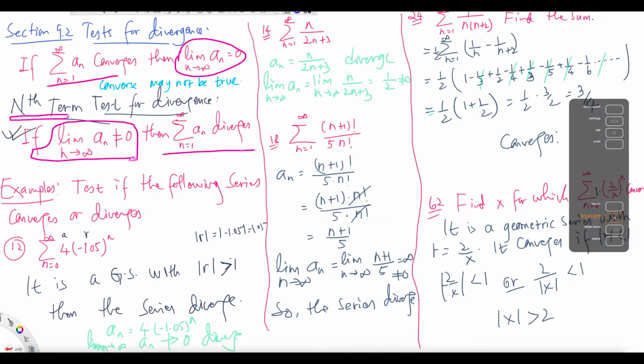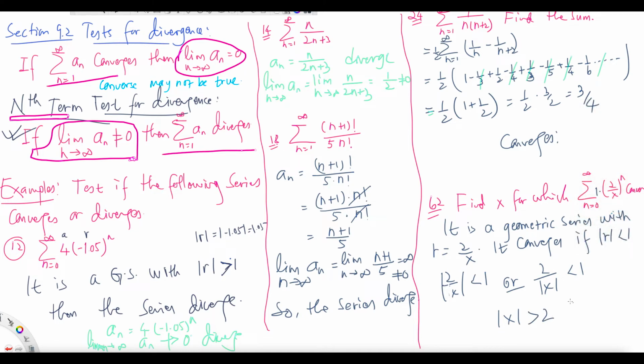So this geometric series converges outside this. What does that mean? That means x is greater than 2 or x is less than negative 2; on that interval, this series converges. What values of x make r less than 1?